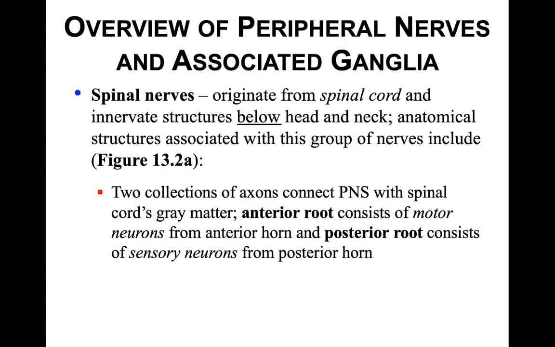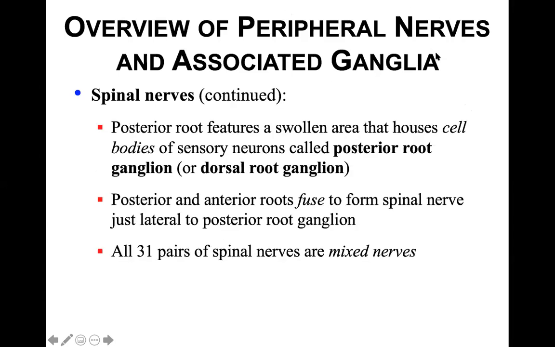The anterior root consists of motor neurons. The posterior root is going to feature a swollen area that's going to house cell bodies of sensory neurons called the posterior root ganglion or the dorsal root ganglion.